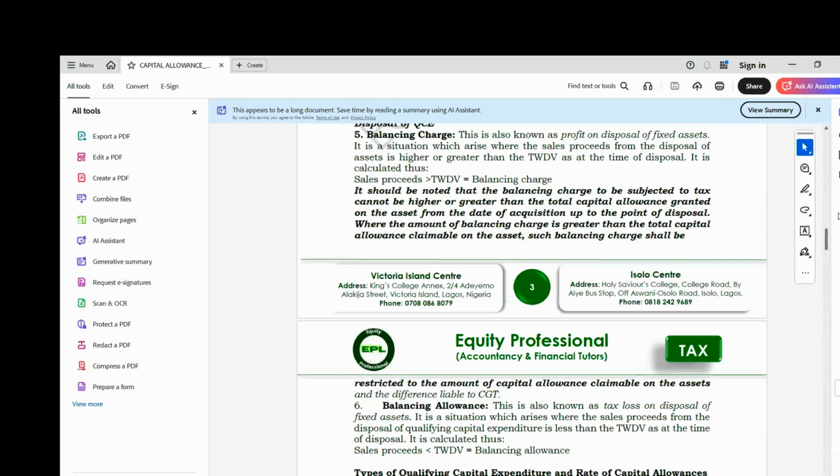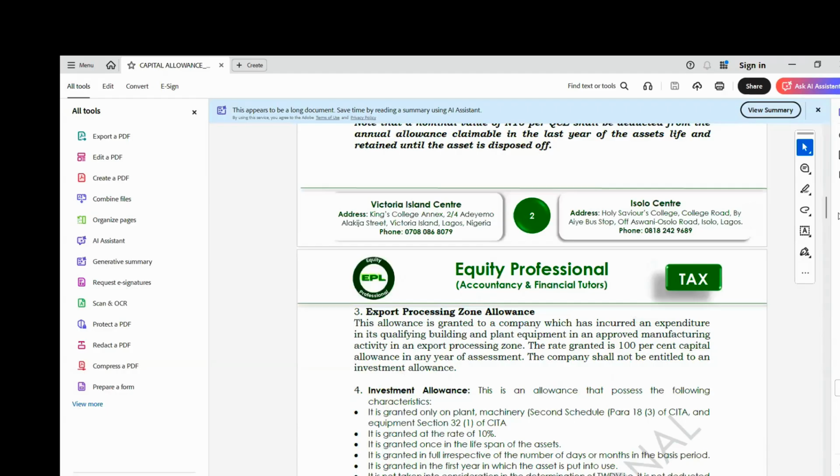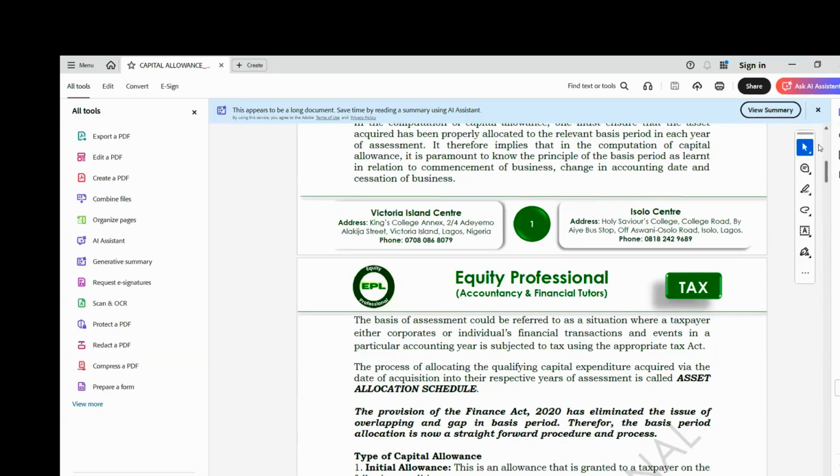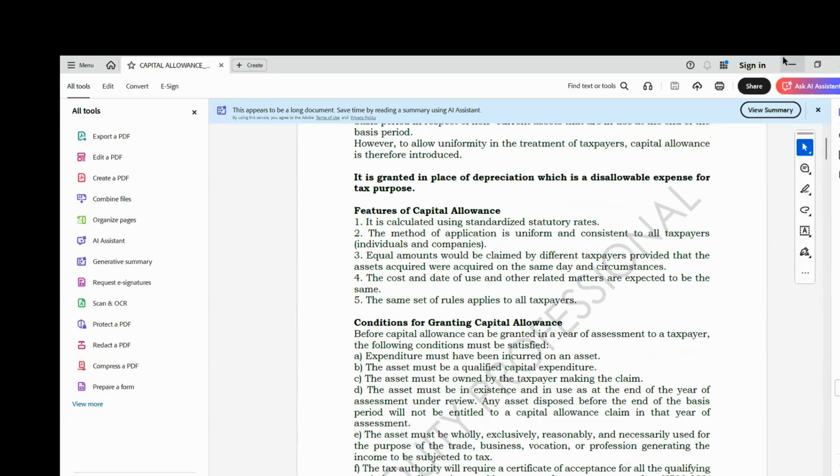So last week we started with capital allowance. I was able to give us the basic requirements, what we are supposed to know as far as capital allowance is concerned.